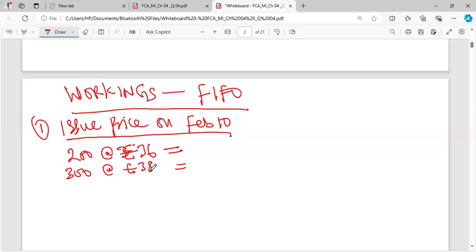We activate our calculator. 200 times 36 gives me 7,200, as we know.